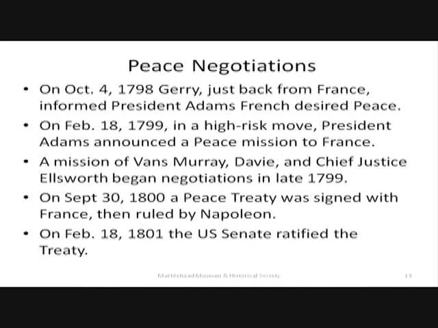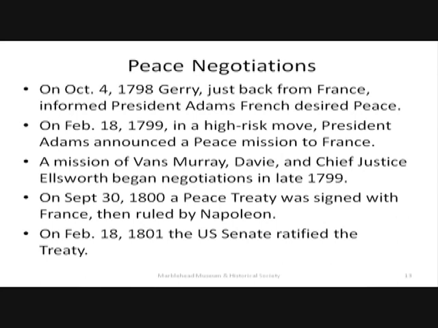Elbridge Gerry, much to the damage to his reputation, was asked by the French foreign minister, Talleyrand, to stay behind. He did. And in the time as it went by, it became clear the French really didn't want to go to war with us. Although we were prepared for war, they weren't really interested in going to war.